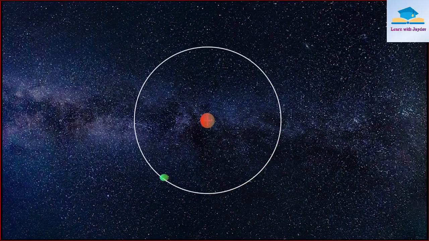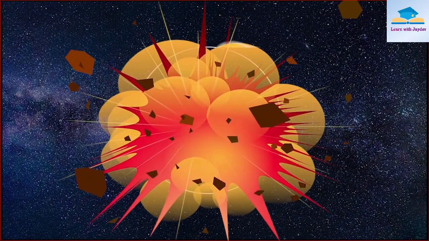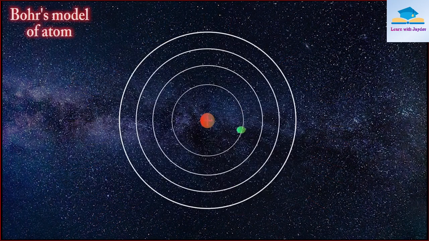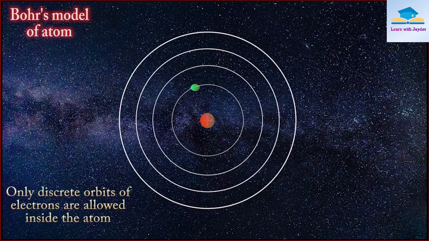In order to overcome the objection raised against Rutherford's model of the atom, Niels Bohr put forward the following postulates about the model of an atom. Only certain special orbits, known as discrete orbits of electron, are allowed inside the atom.